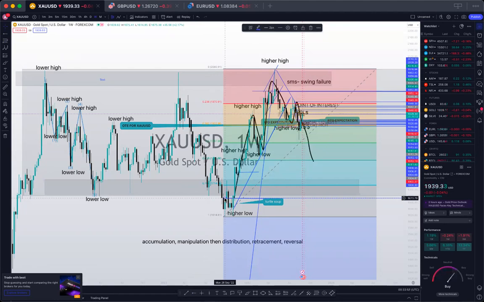Do you know why? Because now, when we are here, when it comes to SMC, there are so many things you actually have to look at. When expansion happens in the market, going back to price delivery, it moves so fast. There's what we call imbalance in the market. And imbalance means that the rate at which the market buys must be equal to the rate at which the market sold.